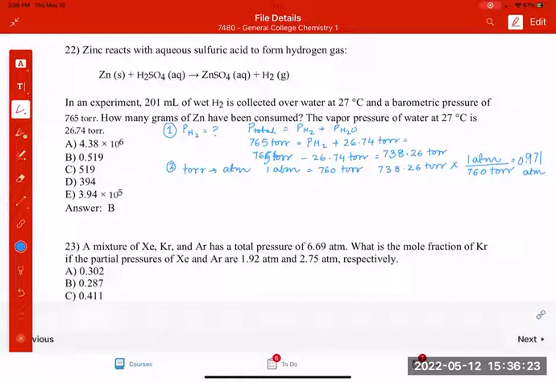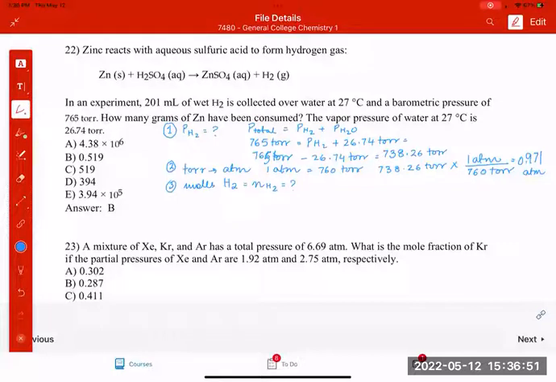So we are now finding the moles of hydrogen. Why do we need to find moles of hydrogen? Because we need the moles of hydrogen to then find the moles of zinc. Moles of zinc, very good.